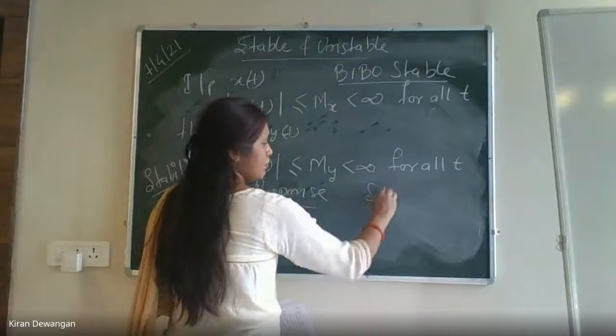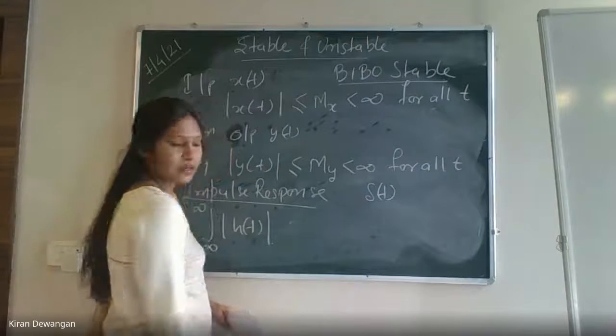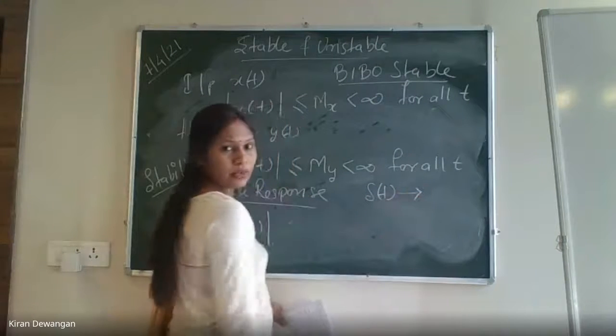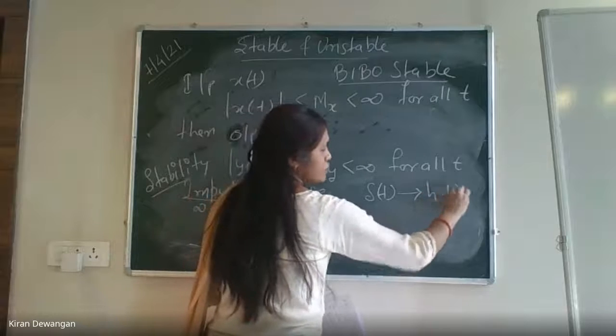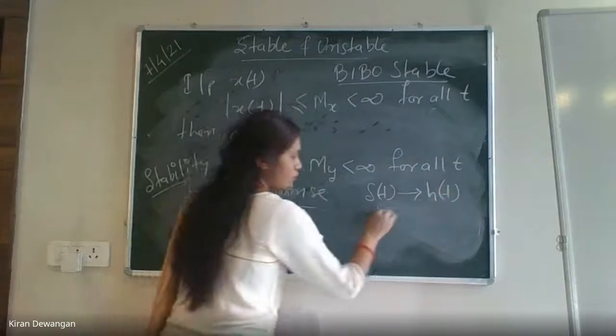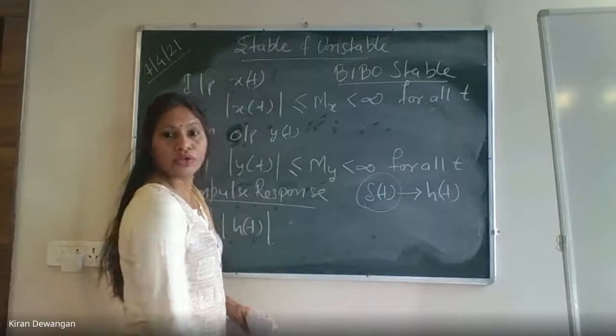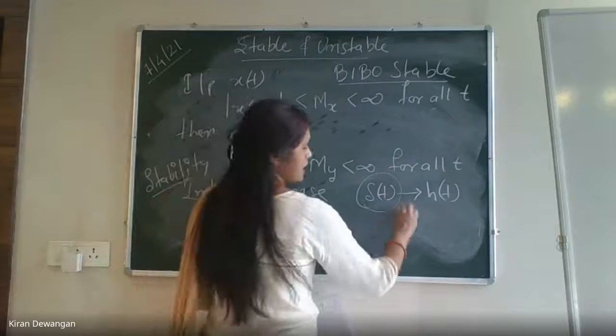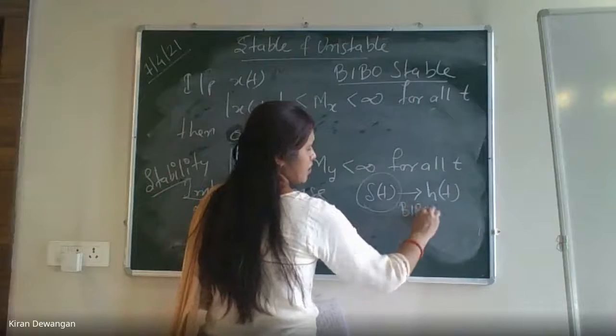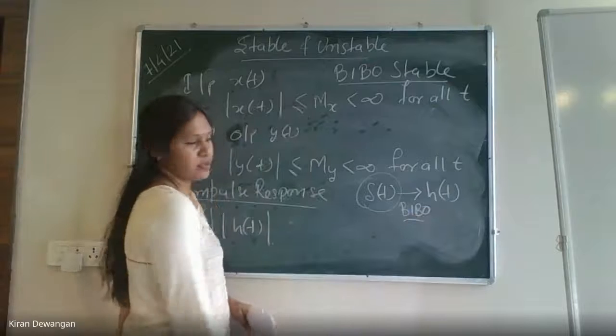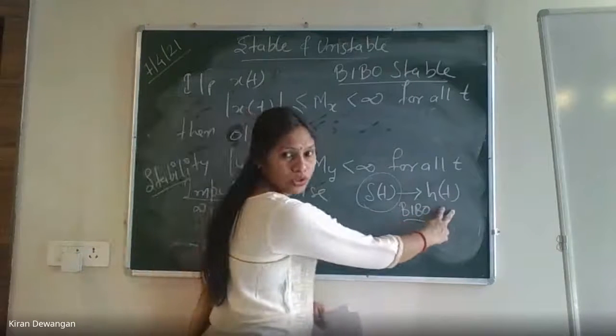We give the unit impulse sample function as input, so whatever output we get, we write it in terms of h of t. If we give this as an input to any system, say a BIBO stable system, we get the output h of t.